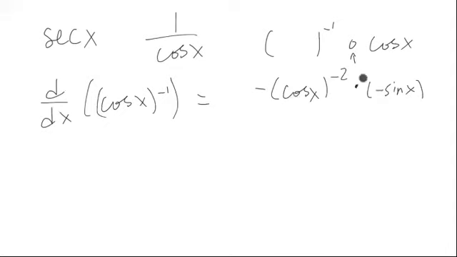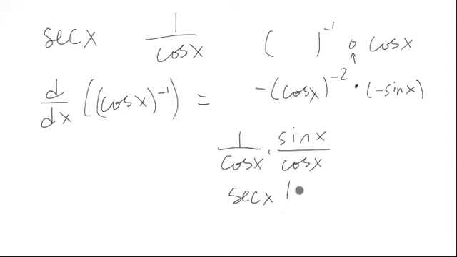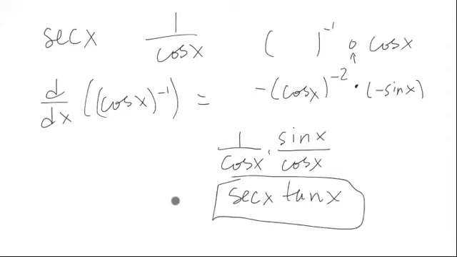So we end up getting positive sine x over cosine squared, but I'll split the cosine squared into 2 parts. So it looks like we'll actually end up getting secant x tangent x. So this right here is the derivative of secant x.